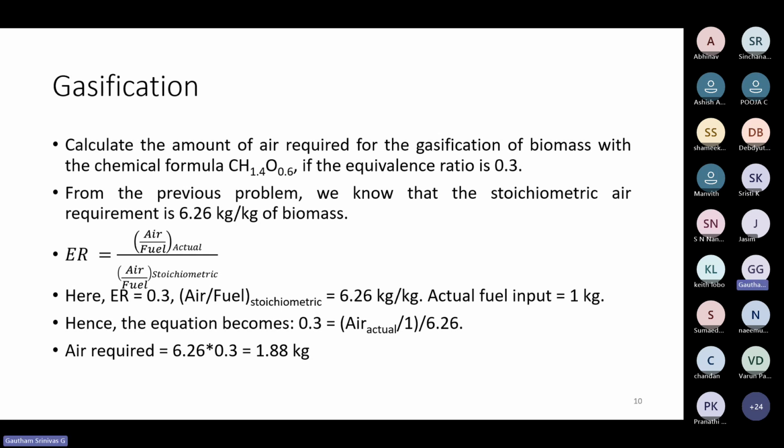So to maintain 0.3 as your equivalence ratio, you just multiply by 0.3, you get 1.88 kgs of air. So you have 1 kg of biomass, 1.88 kgs of air that you need to give. So what will be the products here? Can you tell me in this case? If you have 1 kg of biomass, 1.88 kgs of air, what products will be formed?